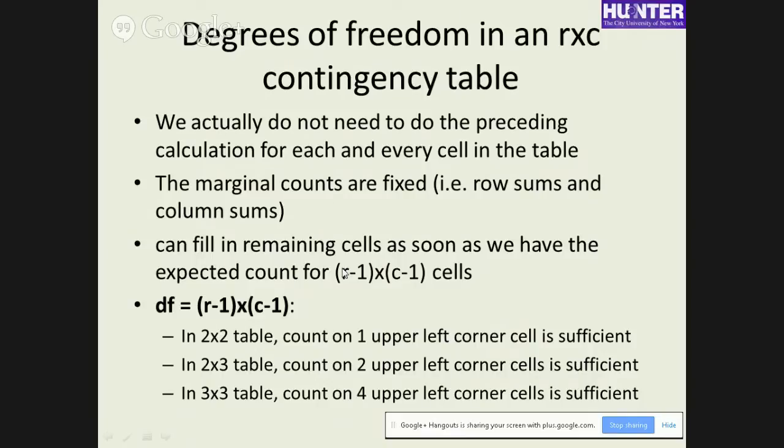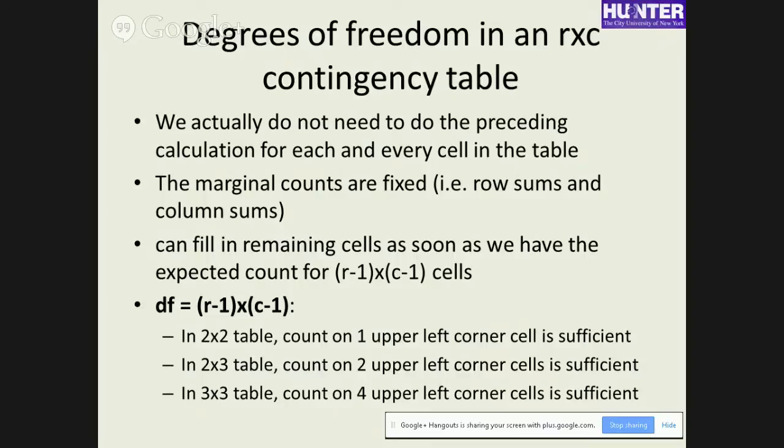So this actually relates to the degrees of freedom, where when you're given the margins, it is how many that you can fill in just using subtraction. So in the 2 by 2 case, once you have one of them filled in, you can fill the rest in just by subtracting from the margins. So there are rows minus 1 times columns minus 1, which is just 1.